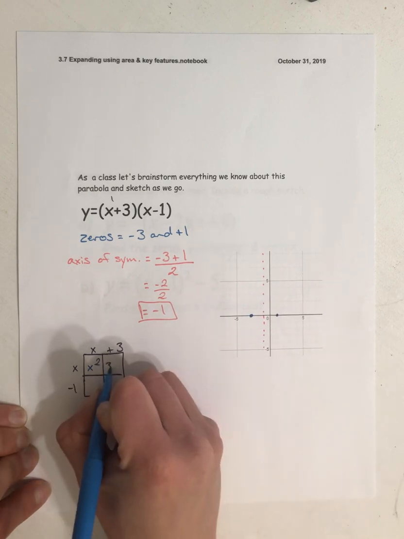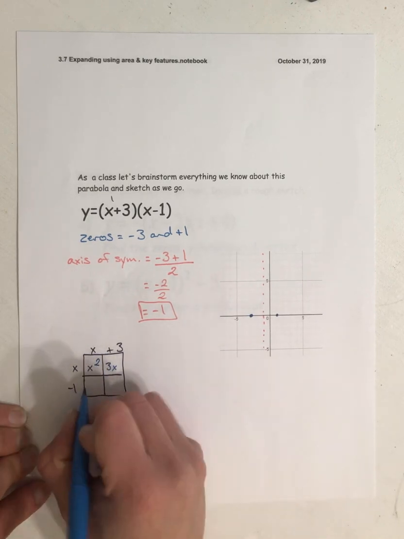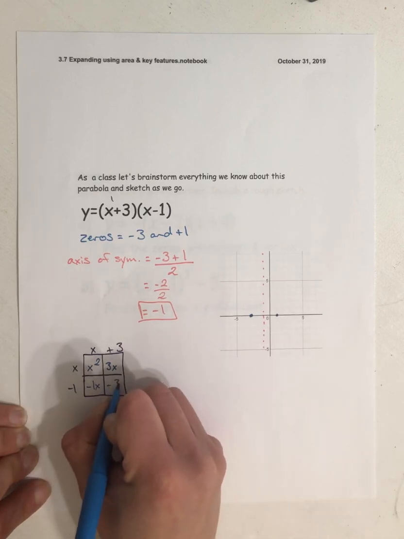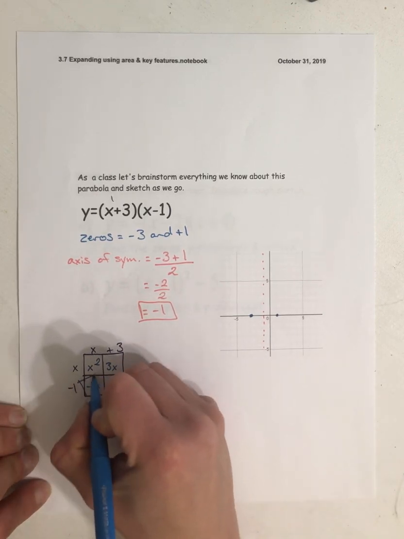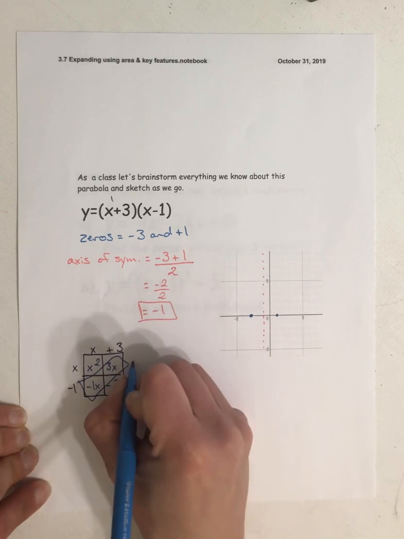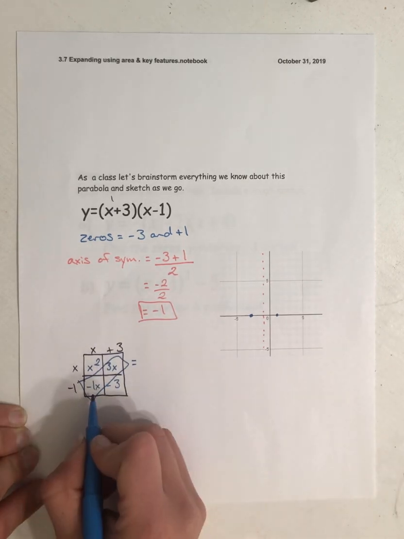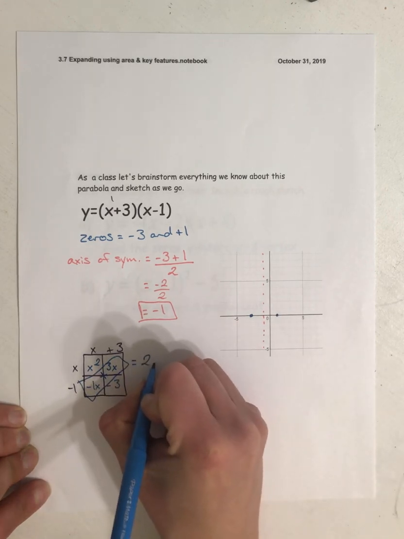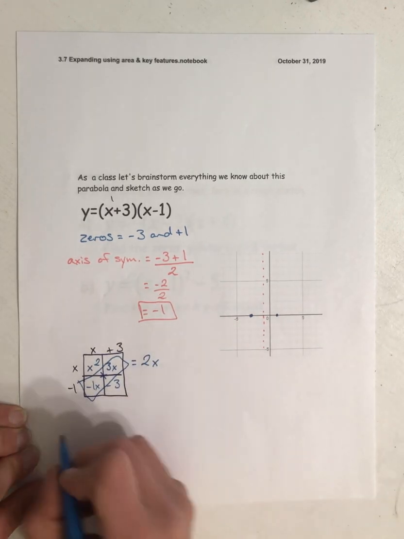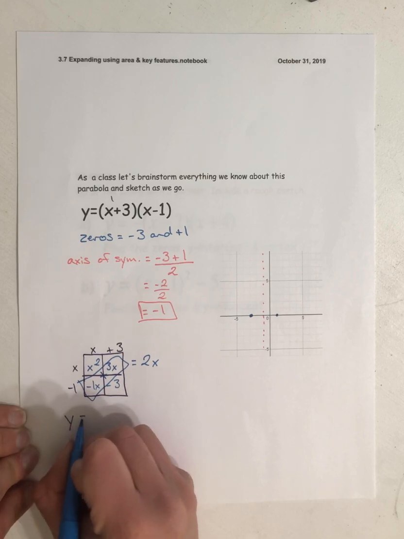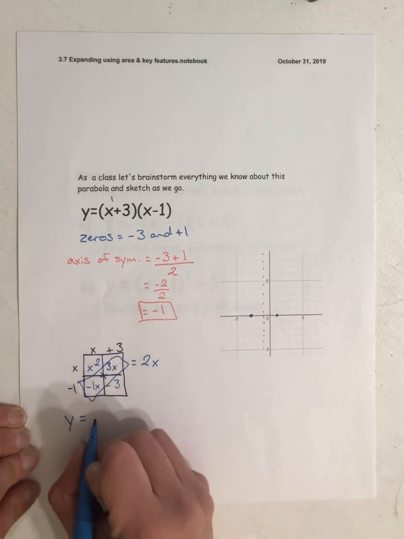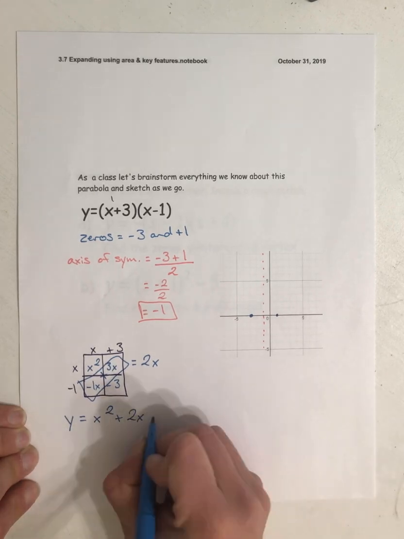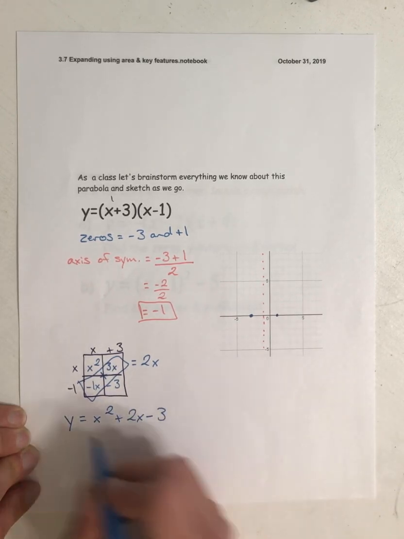X times 3 is 3x. -1 times x is -1x. And -1 times 3 is -3. And then we're going to take these and add them together. So -1 plus 3 gives us 2x. So we can now write our y equals x squared plus 2x minus 3.